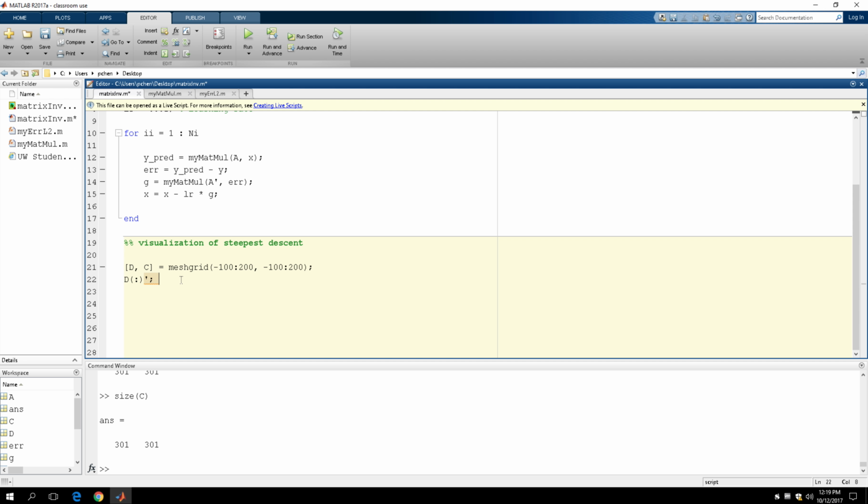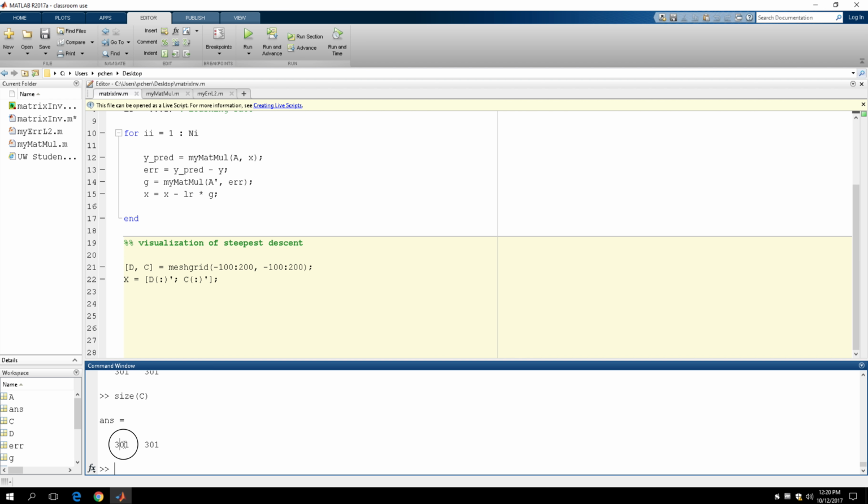And then we need a second row, which is the number of chickens. We do the same thing, right? And then we concatenate these 2 row vectors into one matrix called capital X, right? So capital X is going to be a matrix with 2 rows and how many columns? It's 301 times 301, right? That's this many columns, right?